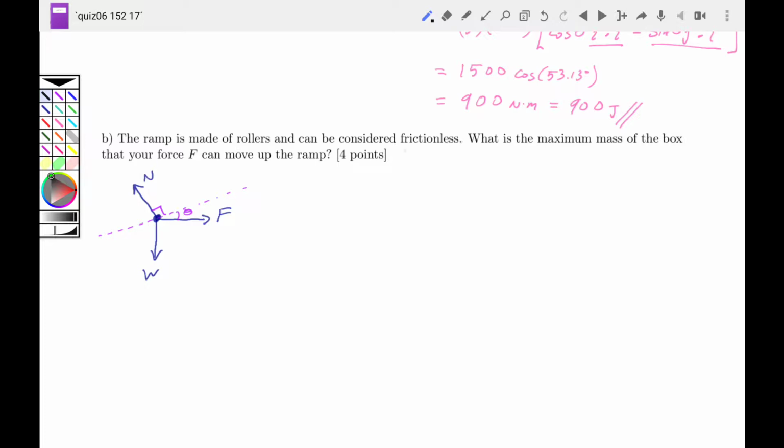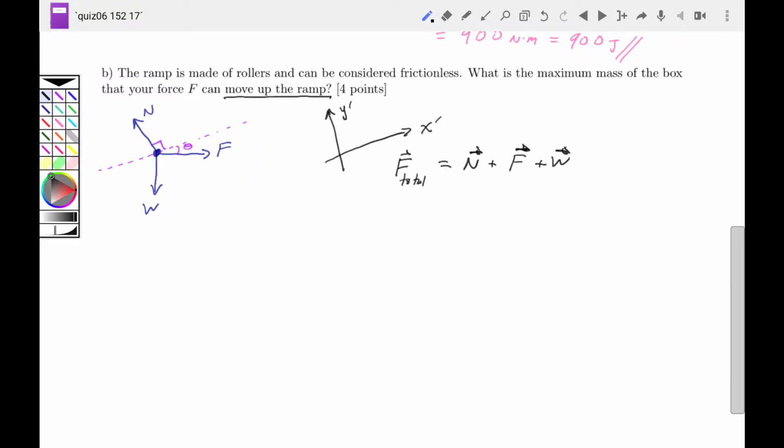The key words here are move up the ramp. In our rotated coordinate system, we need a net or total force. It's going to be the normal force plus the applied force plus gravity, all added vectorially. These are vector signs. Anyway, this is just the definition of a total force.